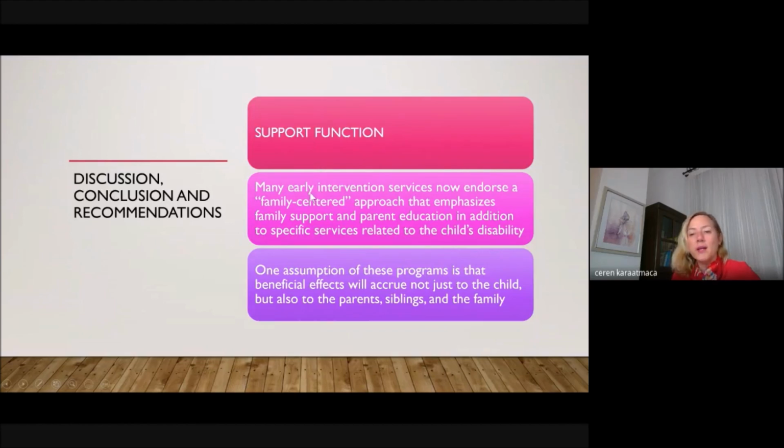So if I can give a snapshot on this one, many early intervention services now endorse a family-centered approach that emphasizes family support and parent education in addition to specific services related to the child's disability, for example. That's one example. And one assumption of this program is that beneficial effects will accrue not just to the child, but also to parents, siblings, and the family.